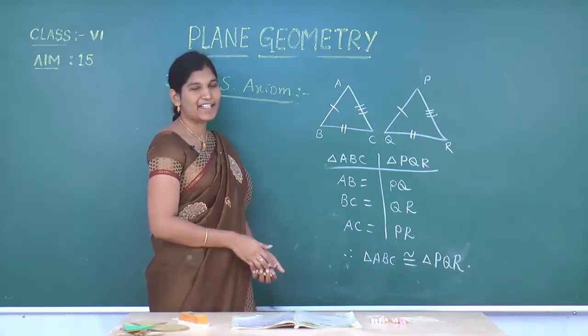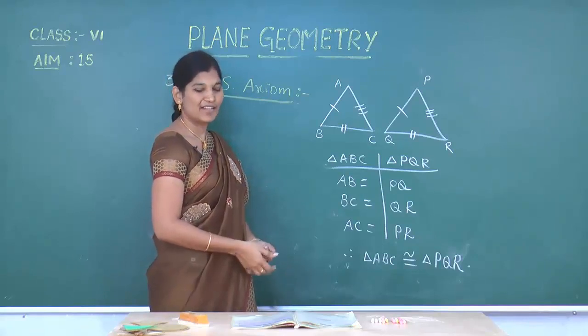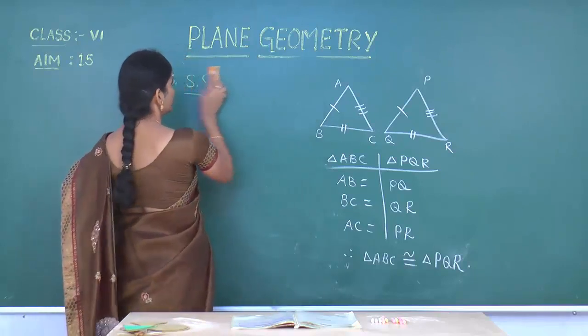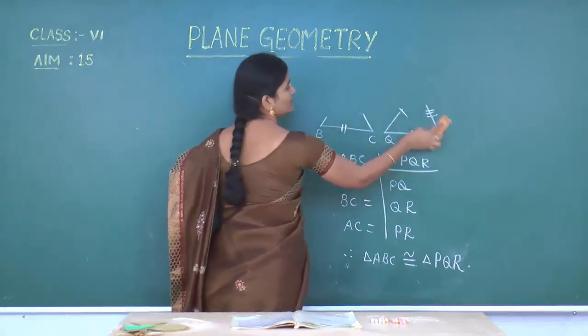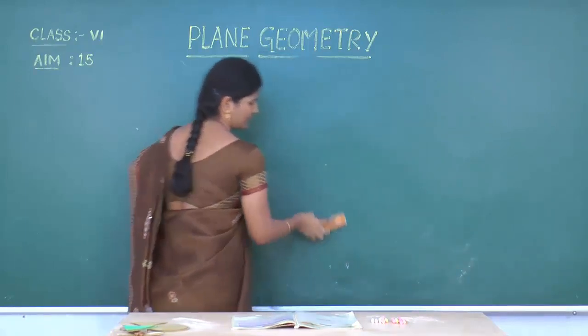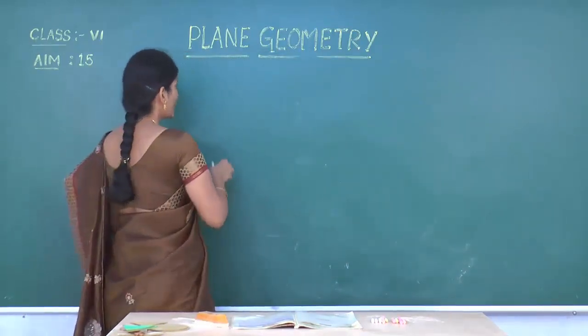And the last axiom in this lesson is the RHS axiom, the fourth one.